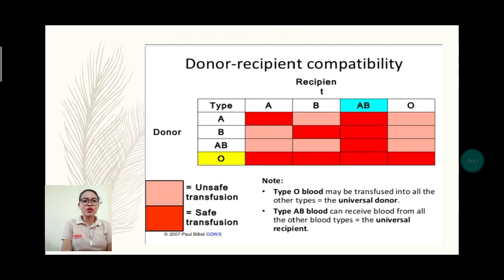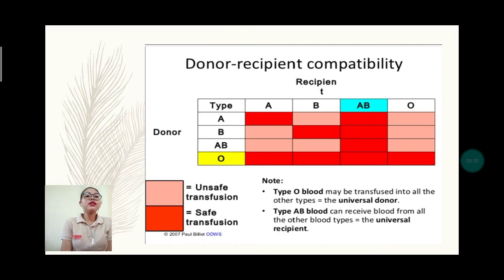So it is very crucial, very important that we know what kind of blood type we are going to transfuse to that person, because a wrong blood transfusion results in death, or even complications for that patient.